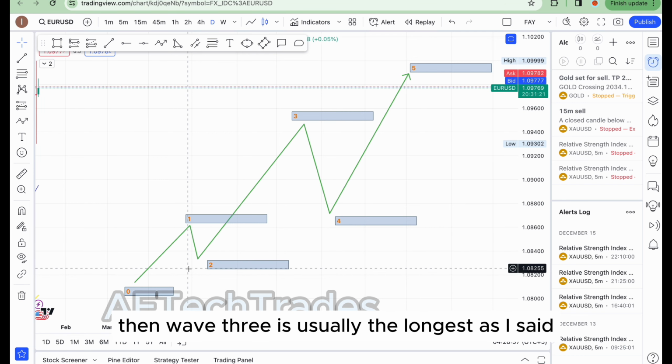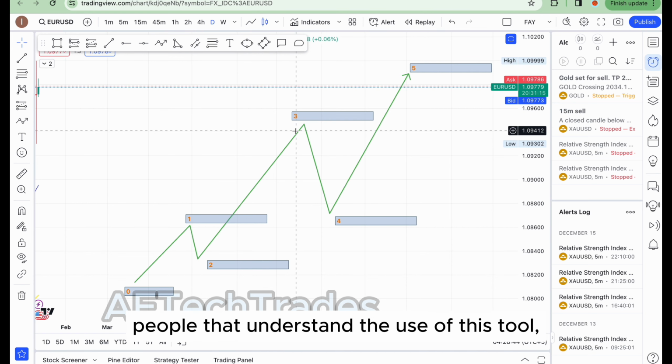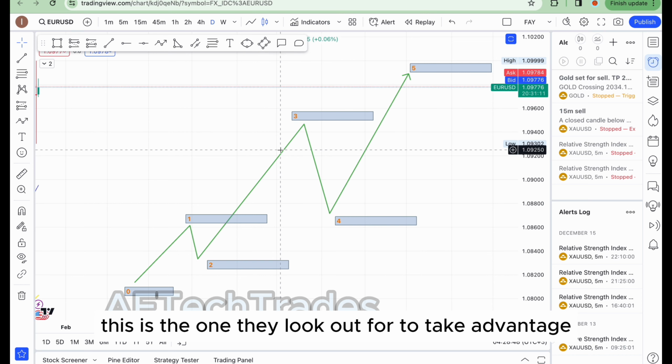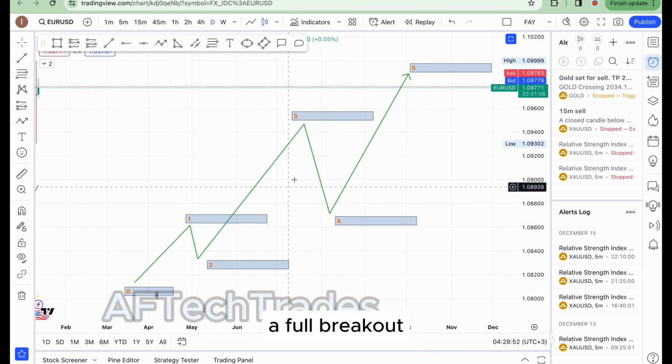Then wave 3, usually the longest, as I said, and also the strongest. This is the one people that understand the use of this tool look out for to take advantage, because it's going to be more like a full breakout.